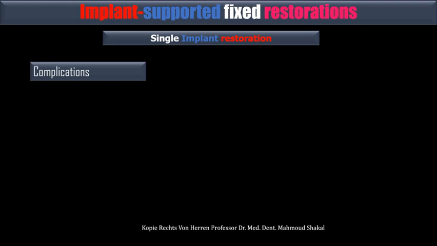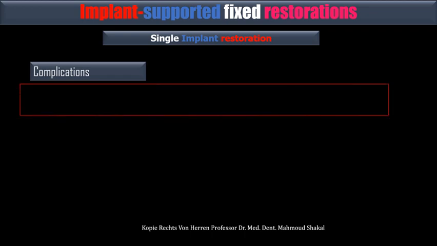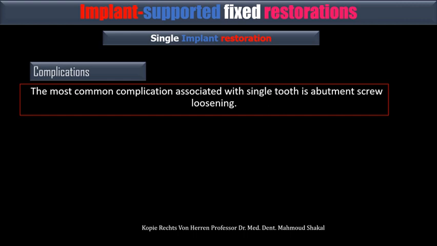So replacing a missing tooth using a dental implant, a single tooth implant, is a very good option for the patient, but still it has complications. The main and most common complication associated with a single tooth is abutment screw loosening.